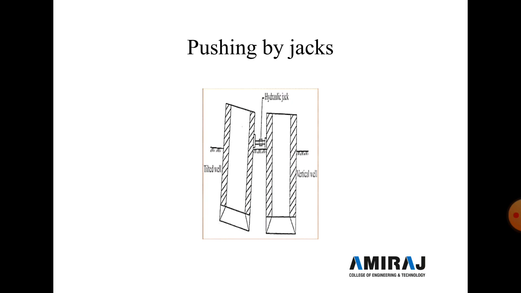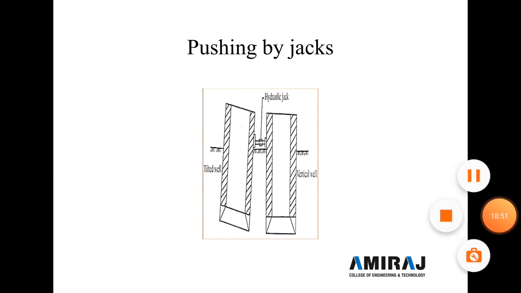If one well caisson is perfectly inserted vertically and the second one is inserted at a tilt, one hydraulic jack is provided between the vertical well and the tilted well, and due to the hydraulic jack pressure the tilted well is fixed vertically. Thank you for listening.